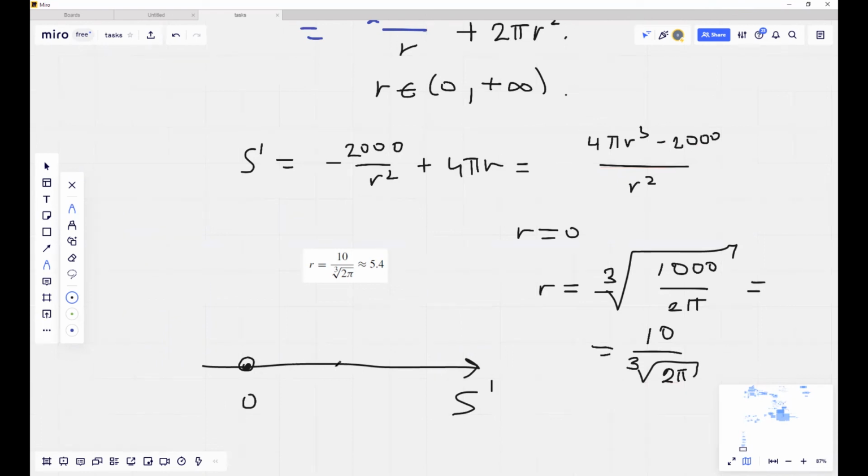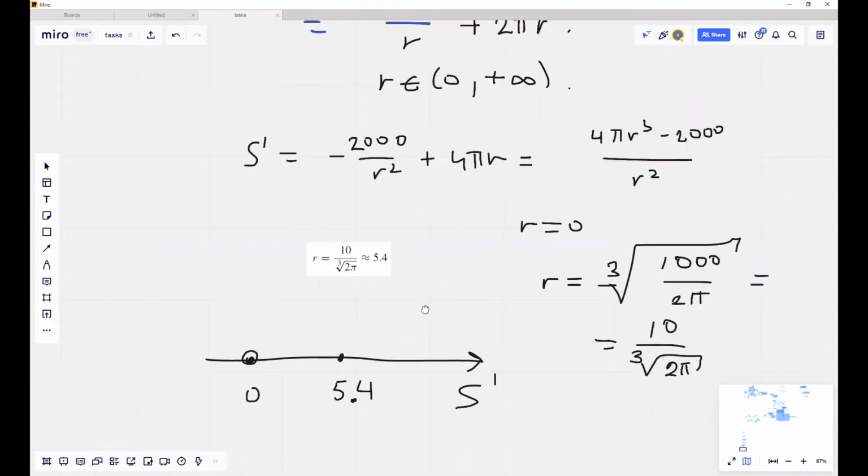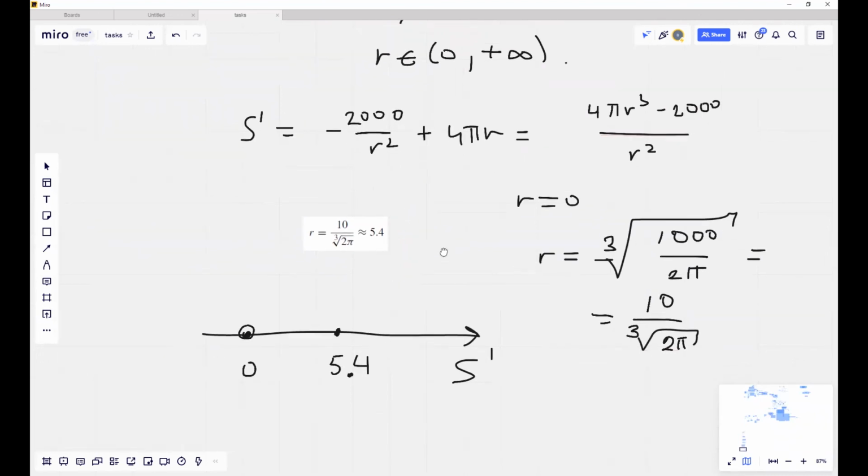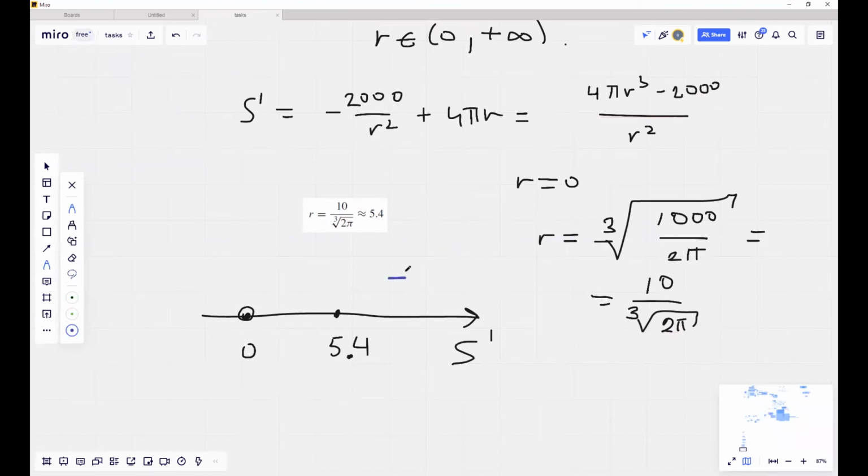Then we have a critical point at 5.4. Multiplicity here is odd, meaning that the sign will alternate. Now, if you substitute plus infinity here, that will be positive. So this is plus. And multiplicity here is odd, so minus, and we don't care what happens after this point. But if we are interested, multiplicity here is even, so the sign will not change. But we don't care about this point since our interval is open and it's outside of this interval.